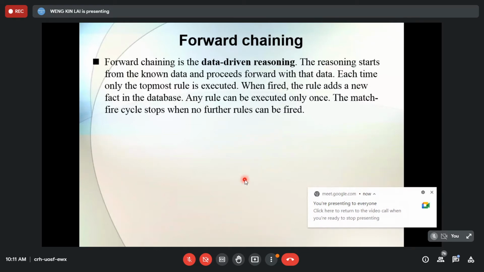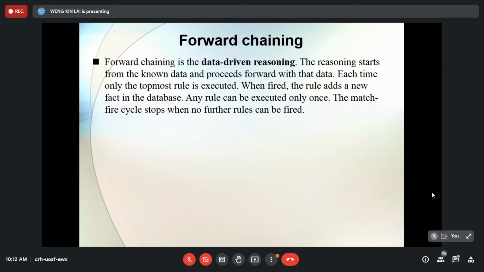Okay, now the expert system, how do you process the information, the data, plus the rules in your expert system? So there are two methods that are commonly used. One of them we'll study here, and then later on we go into the second method. The first method is known as forward chaining. Now, what is forward chaining?